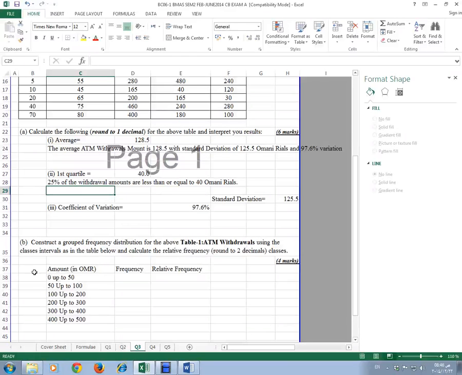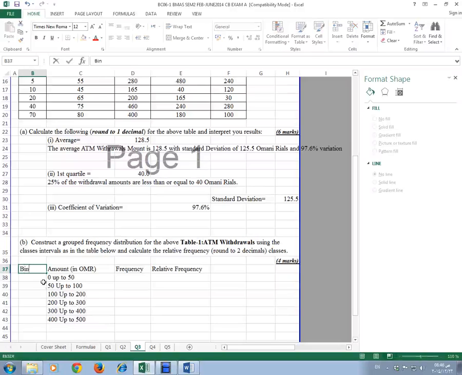So here we want to calculate the frequency. Calculating the frequency, you need to first write the upper limit for each class. The upper limit for this class is 50, for this class 100, then 200, 300, 400, 500. The upper limit we name it bin.